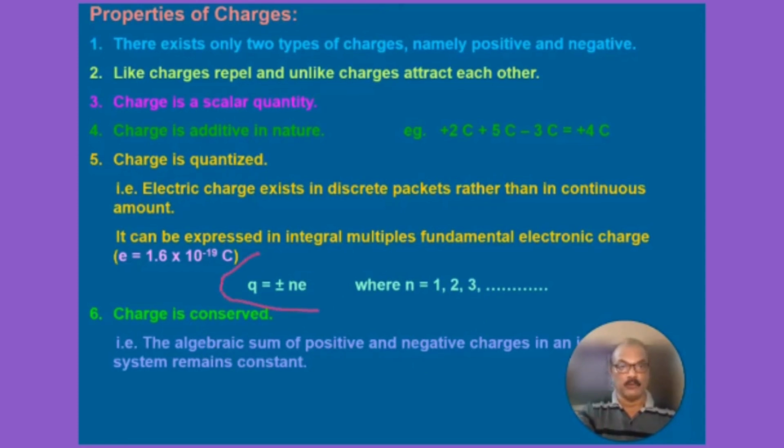I told you n is equal to q by e. For 1 coulomb, how many charges are there? 1 coulomb divided by 1.6 into 10 to the power of minus 19 gives 6.25 into 10 to the power of 18. I will show you the calculation in the next video.